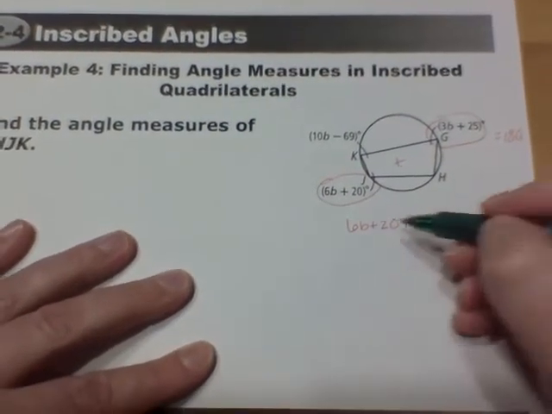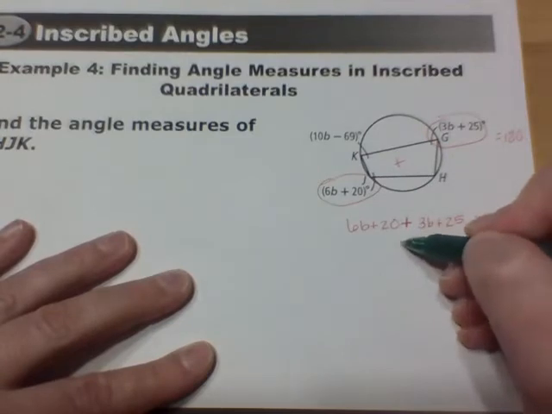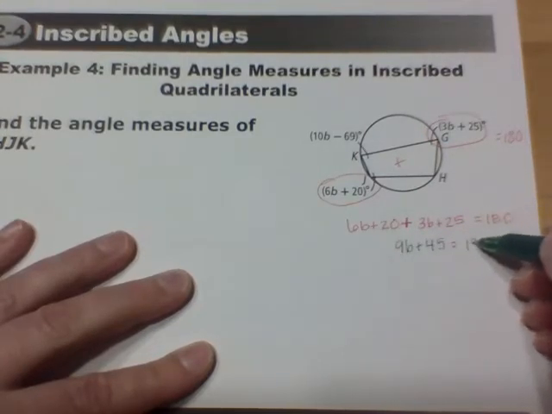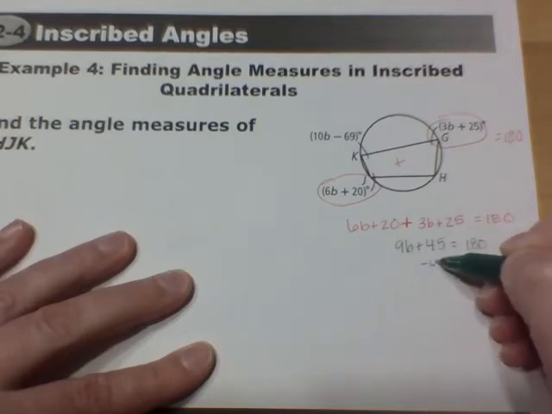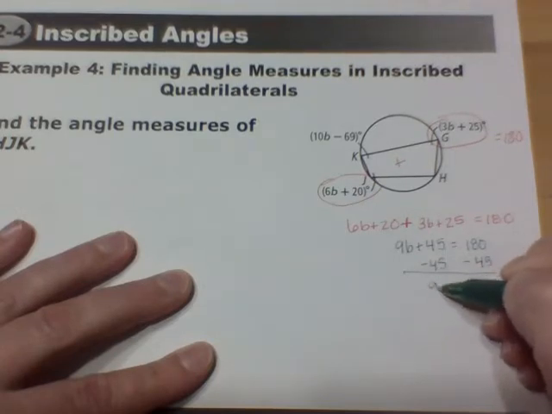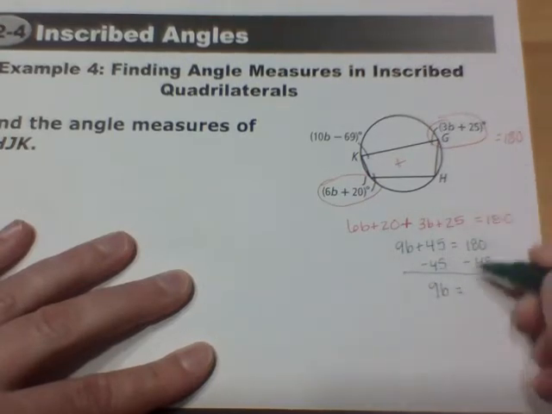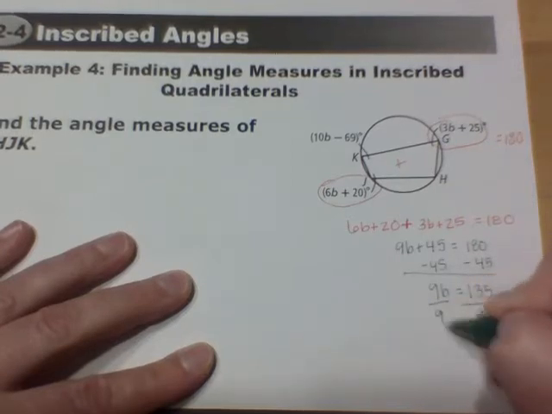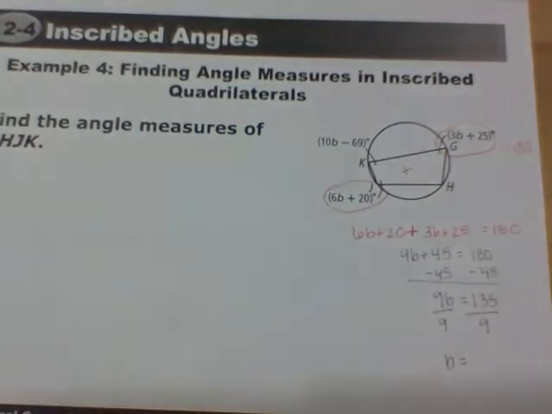So going through and solving that, combining some like terms here, 9B plus 45 should equal 180. Move your 45 over. And 9B should equal 135. Divide by 9, and you should have a B value of 15.